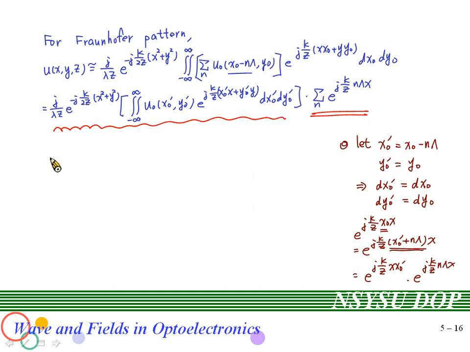The first one looks like the Fraunhofer diffraction of the center slit. You have only one slit here, and this is the center one. So the first part here represents the Fraunhofer pattern of the center slit.